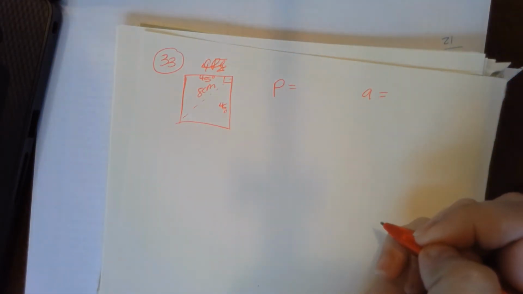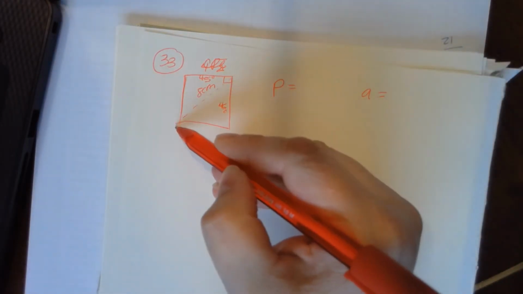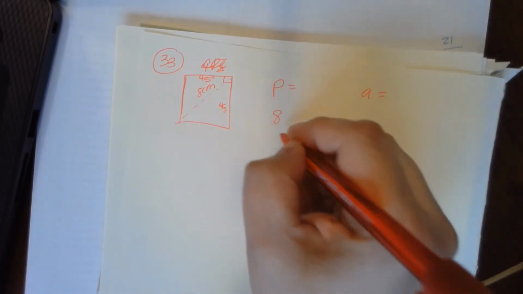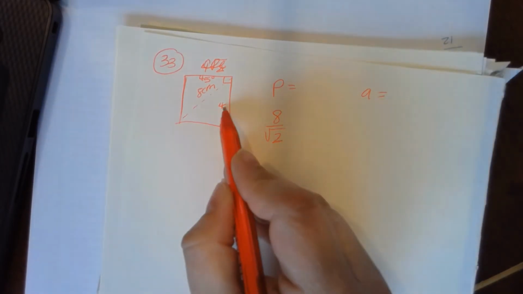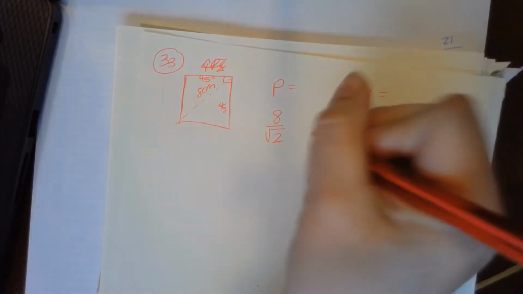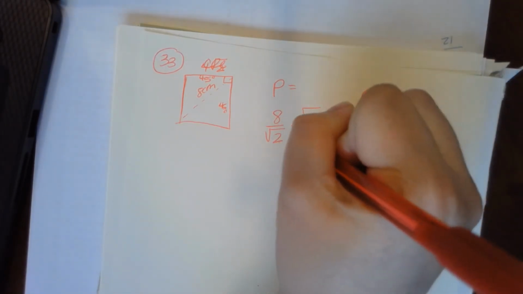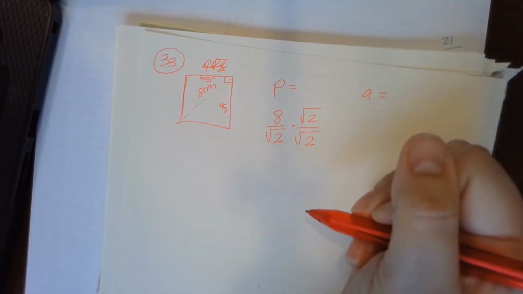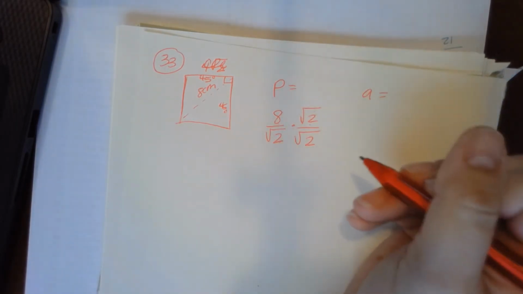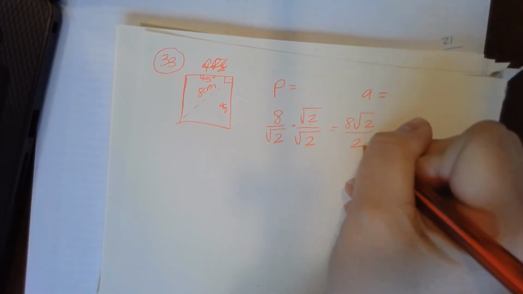All right, so again, I know if I only know what one side of my triangle is, I have my hypotenuse, right? I can take that and I can divide by square root of 2. Remember square root of 2 because of the 45-degree angle. All right, I get rid of that square root and simplify it a little bit by radicalizing and multiplying by square root of 2. At this point, we multiply straight across, and I end up with 8 square root of 2 over 2.